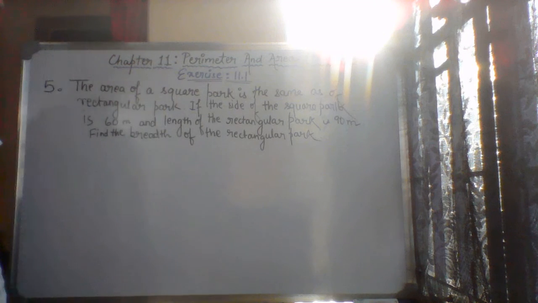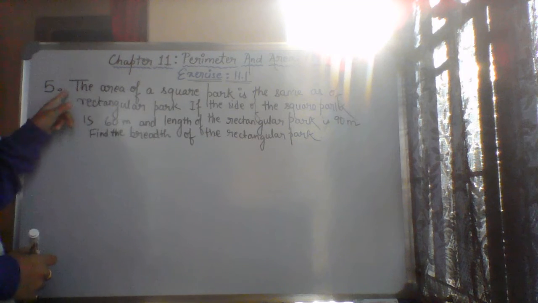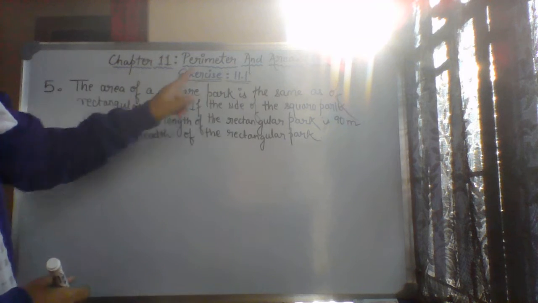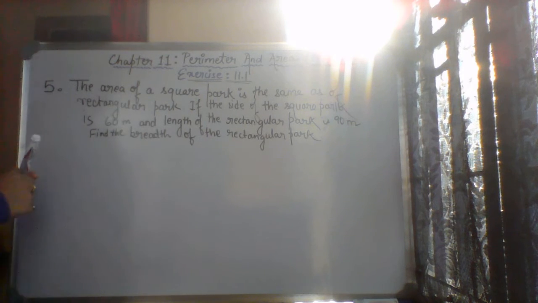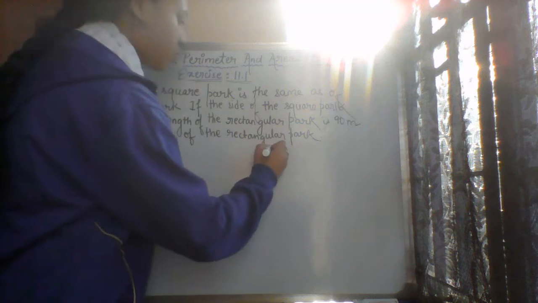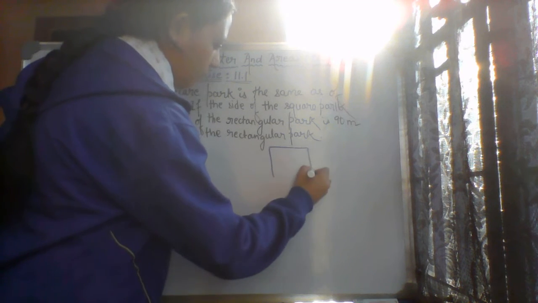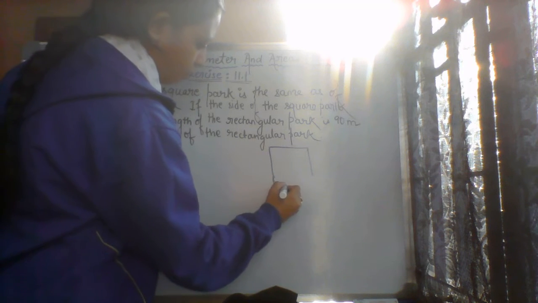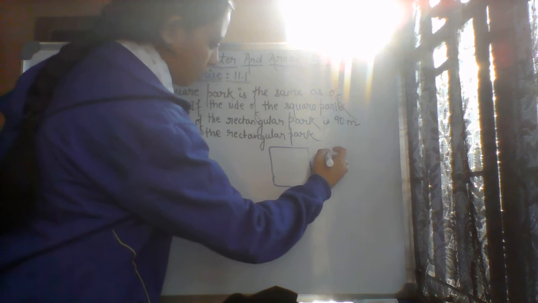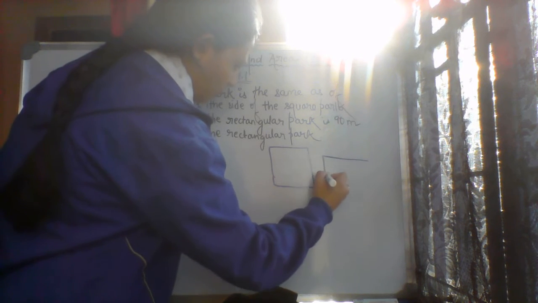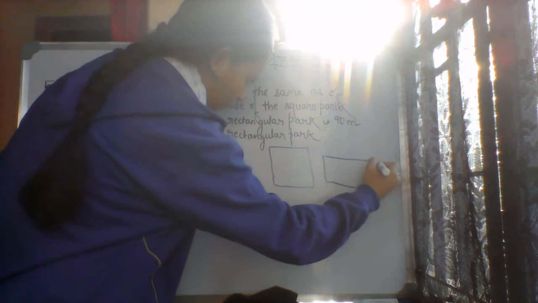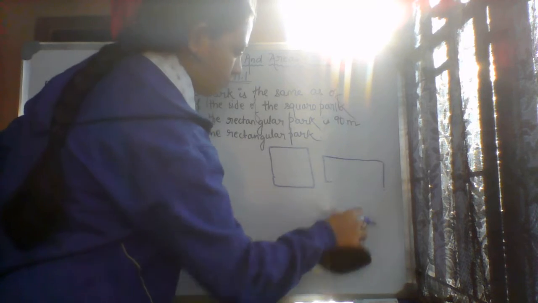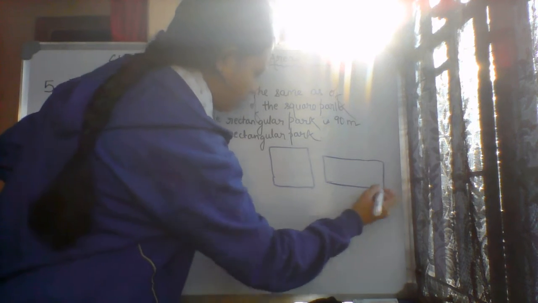So here in the fifth question, the area of the square part is the same as that of the rectangular part. Two types of parts are there, one square in shape and another rectangular.